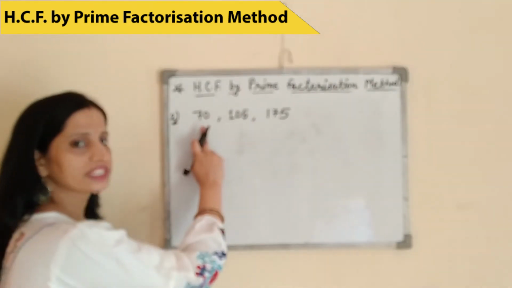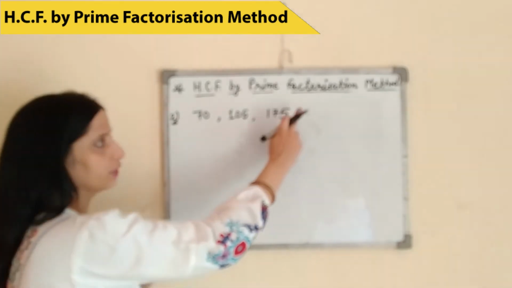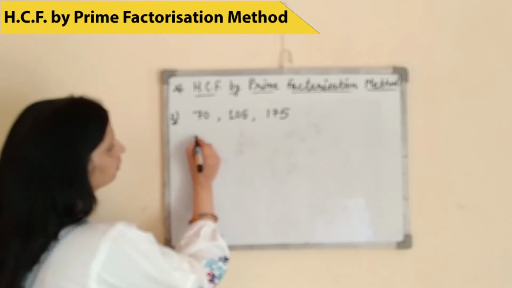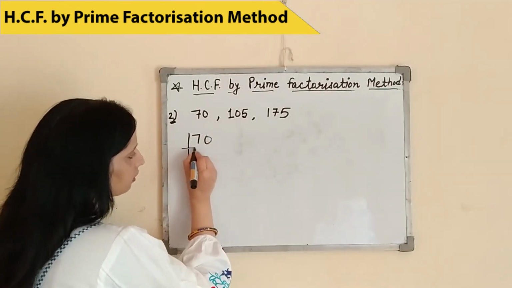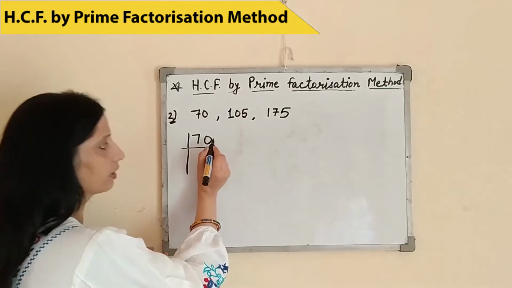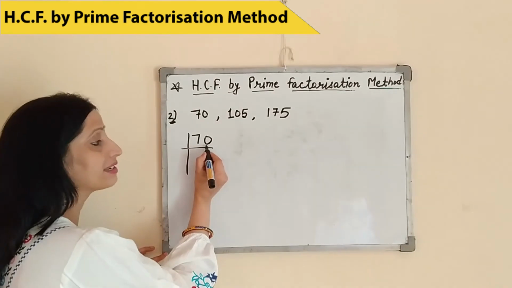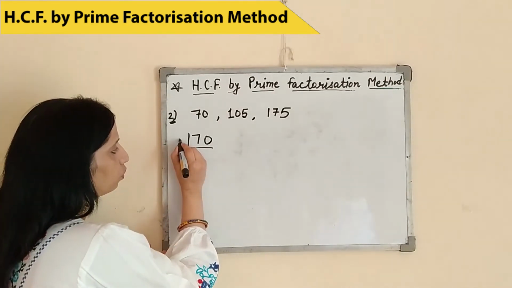Now we will find out the SCF of 70, 105 and 175 by using prime factorization method. So first again start with 70. 70 is an even number because its ones place digit is 0. So divide by 2.